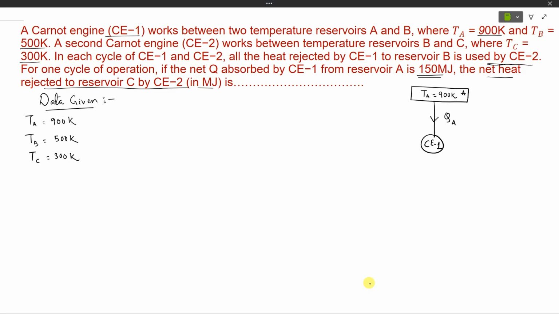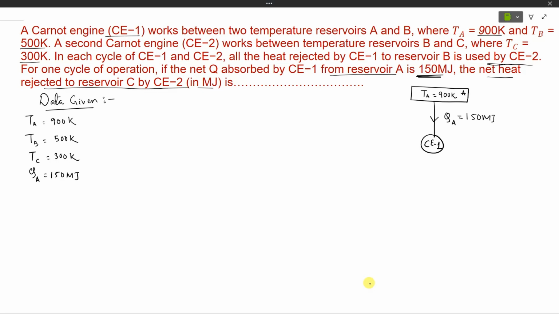It is mentioned that the net Q absorbed by CE1 from reservoir A is 150 megajoule. So QA is 150 megajoule. Let's write down this under data given, that is QA equal to 150 megajoule.